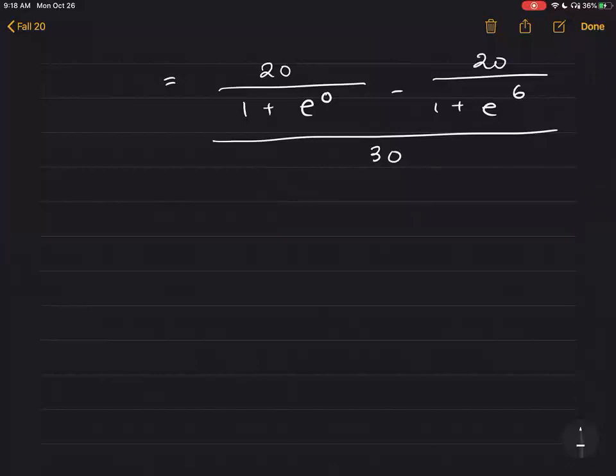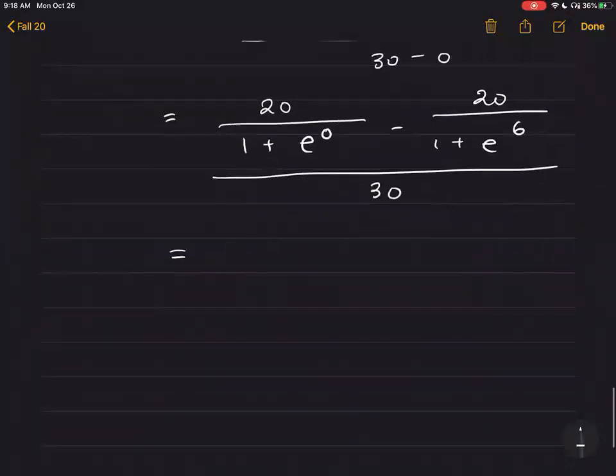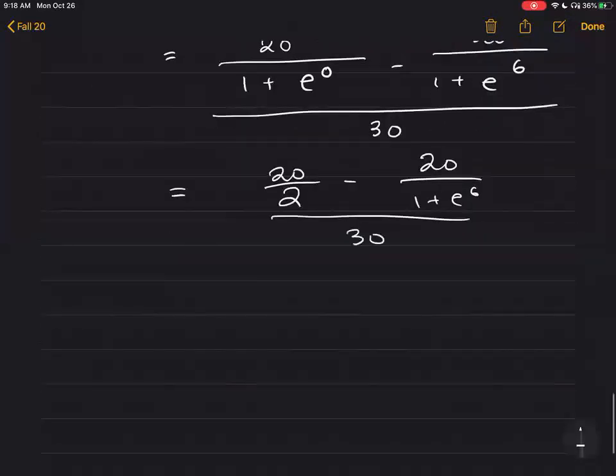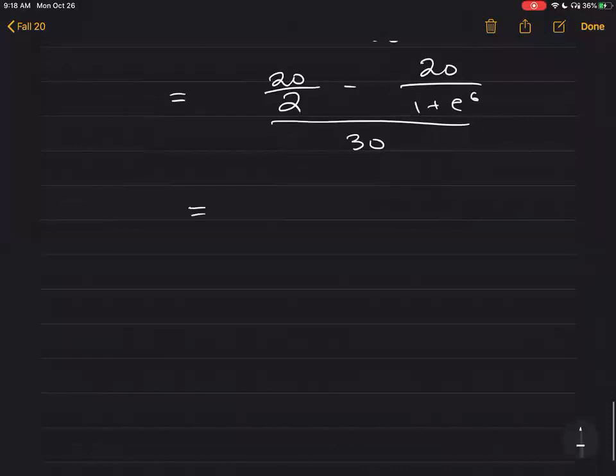Then simplifying a little more, e to the 0 is just going to be 1. This is 20 over 2, minus, I'm going to leave this as 20 over 1 plus e to the 6, over 30. And so this becomes 10 minus 20 over 1 plus e to the 6, over 30.